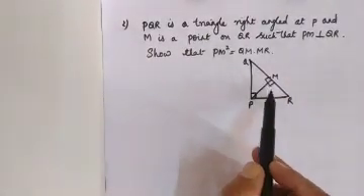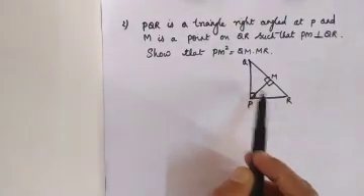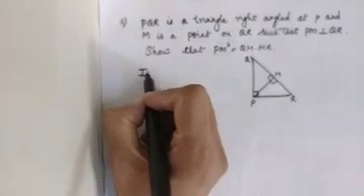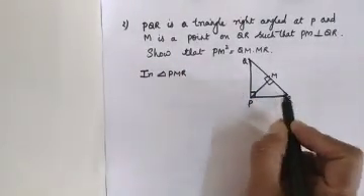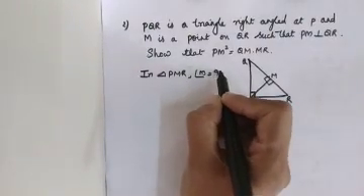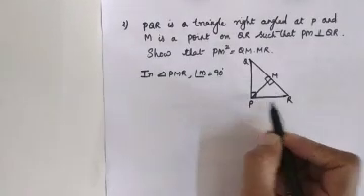So you have to take these two small triangles. Before that you should know each angle. So for that we will take in triangle PMR. First I am going to take this small triangle PMR. Angle M is equal to 90 degrees. Now you don't know what is angle MPR.